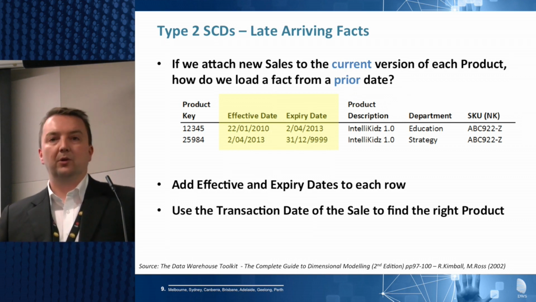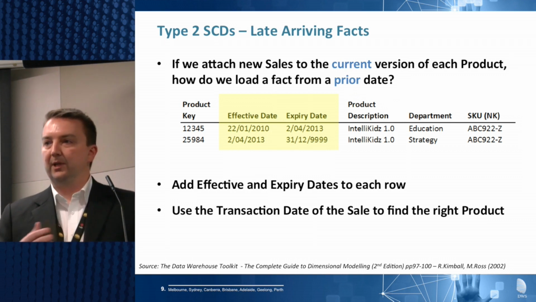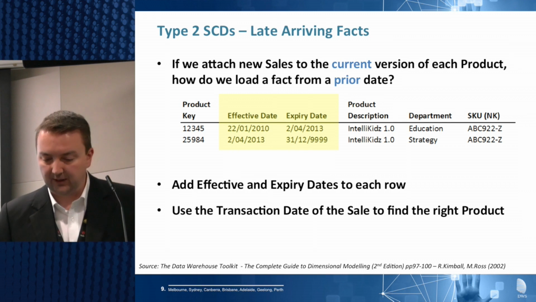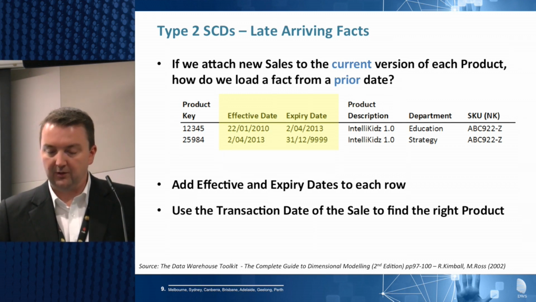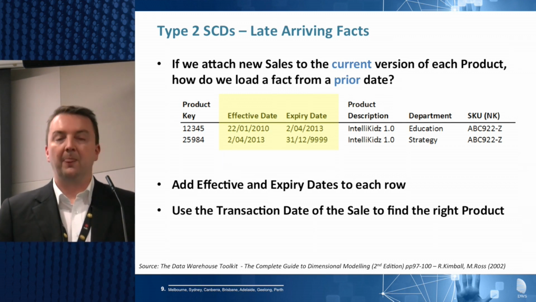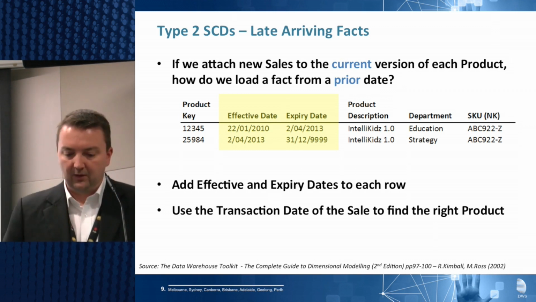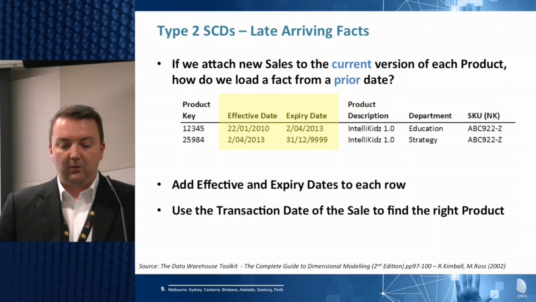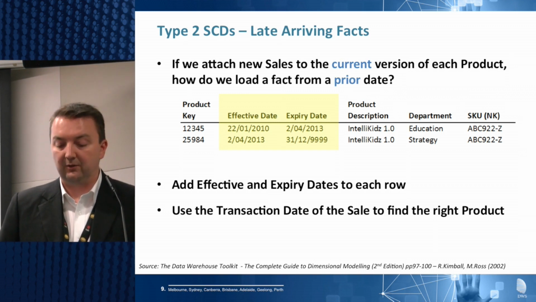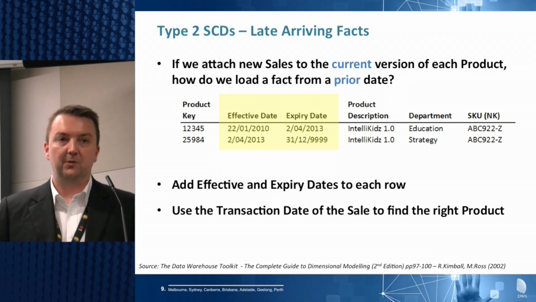If we took this new file, loaded it up again and allocated all of the SKU numbers ABC 922-Z to the current row, they'd all be tagged against strategy, not against education. So what we need, in addition to or perhaps instead of the current row flag, is an effective and expiry date.